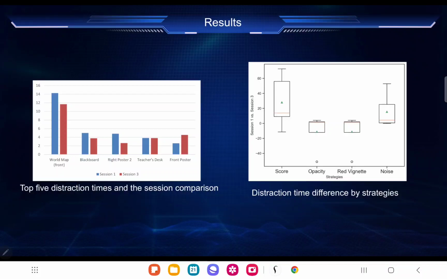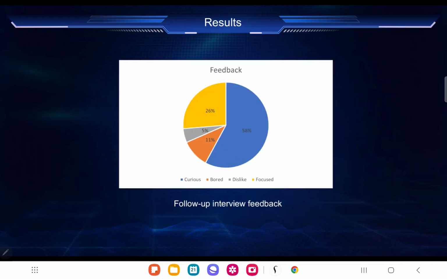That's quite discouraging, yes. However, that doesn't mean this work does not have its value, because theoretically that training still should work. So we had an interview to ask the participants why they were getting distracted after this training session.